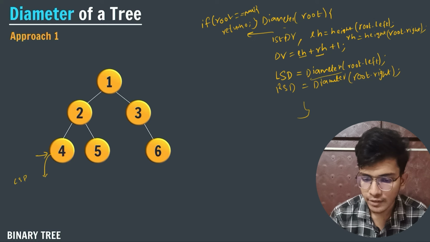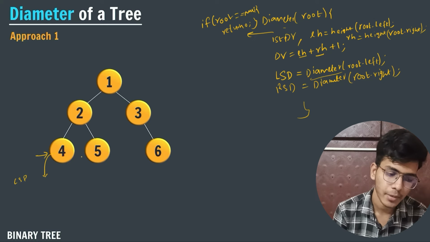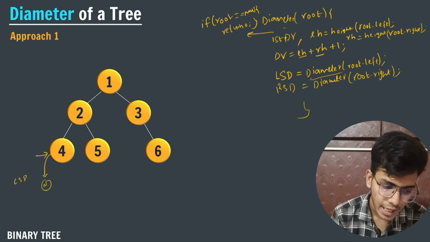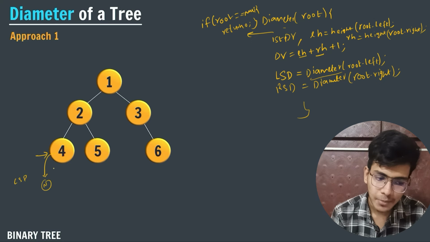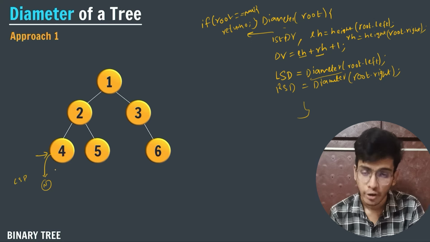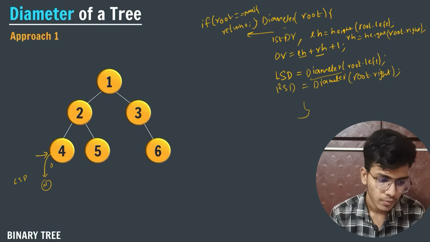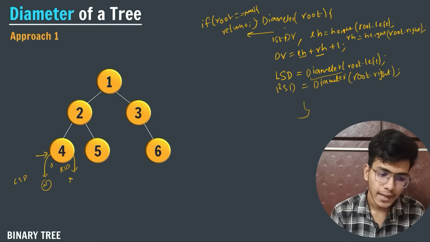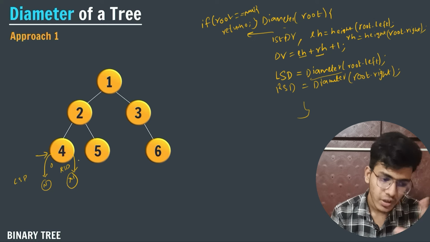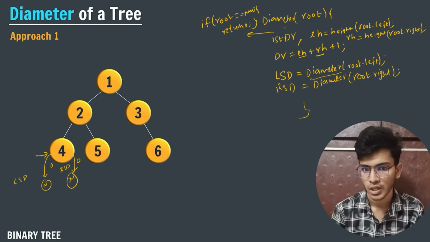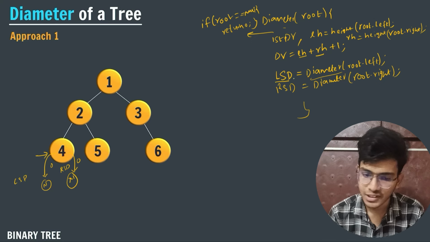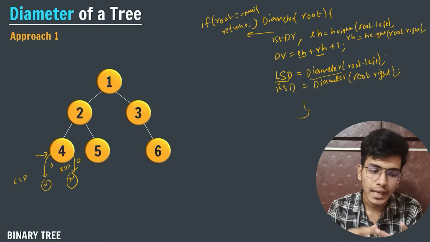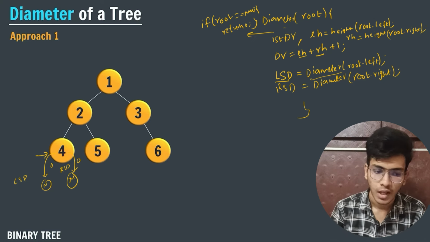It will call this function, and this function will return 0 because here I am having a null value. After that I will calculate the right subtree diameter, and here also I am having null, so this function also returns 0. Now my left subtree diameter is 0, and right subtree diameter is 0.